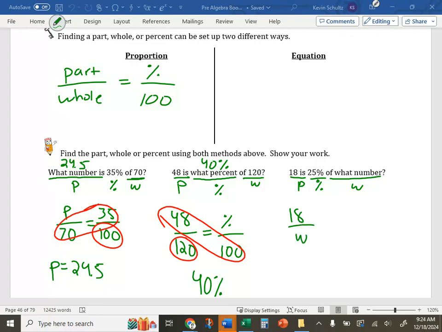That's what we're solving for. 25% is going to be 25 over 100, because 100 is always there. And to solve this using cross products, 18 times 100 divided by 25, W equals 72. So 18 is 25% of 72.